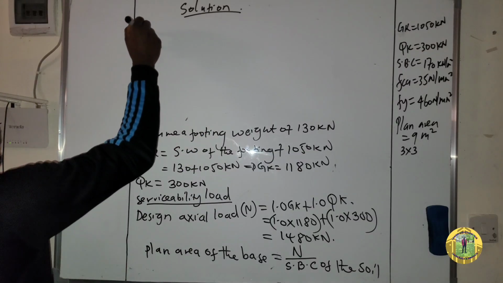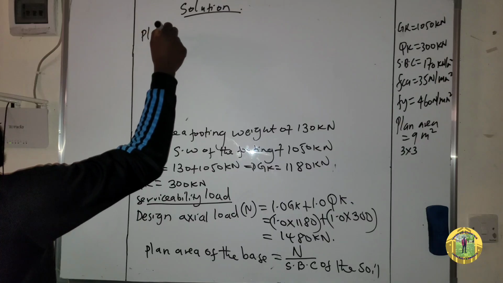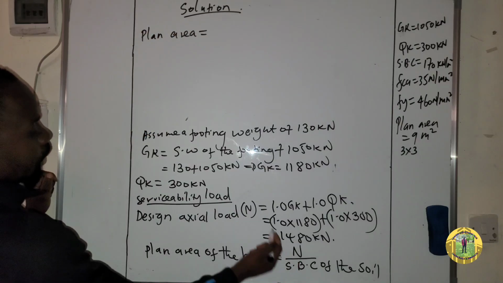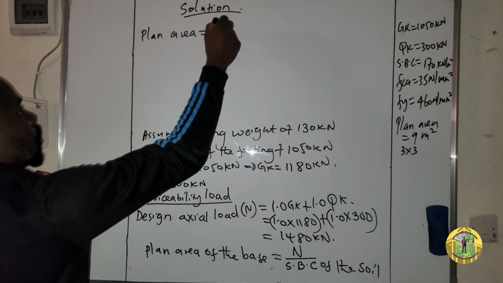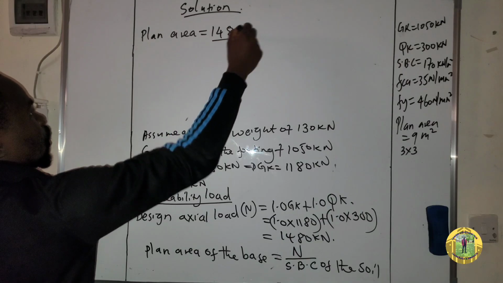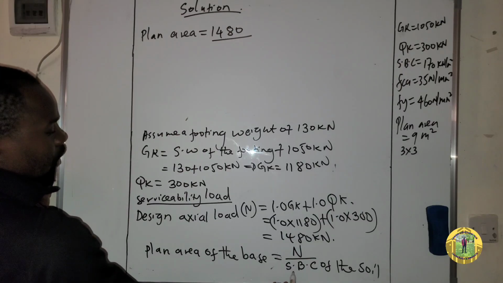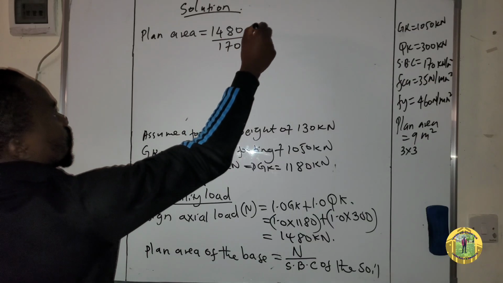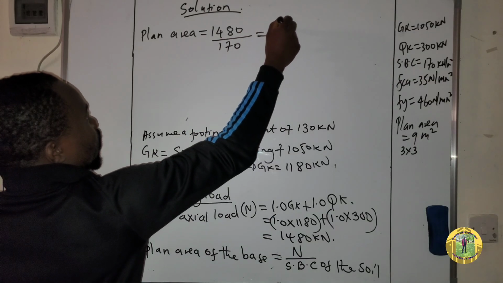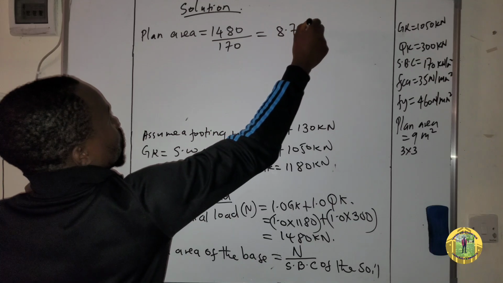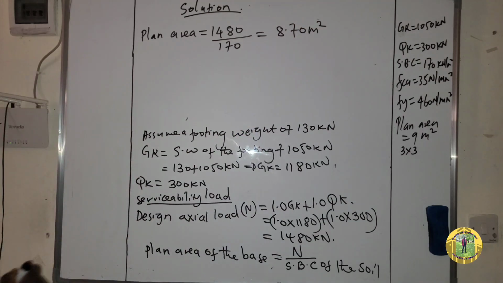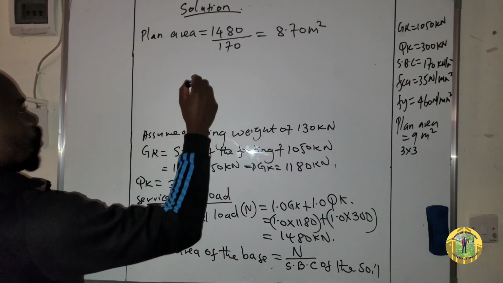So plan area is equal to N, which is 1480, all over self-bearing capacity, 170. So this one is equal to 8.70 meter square.